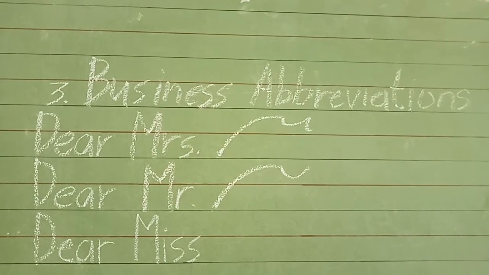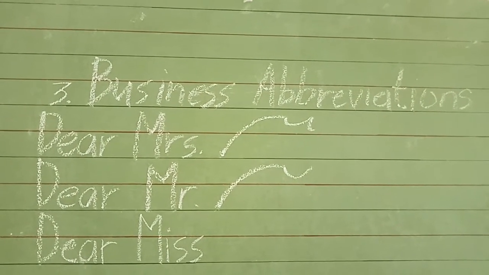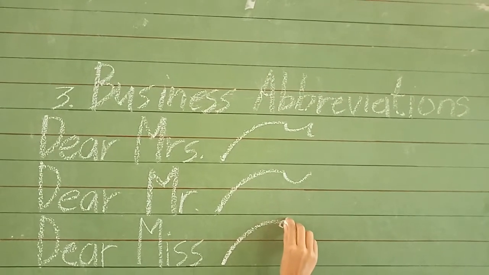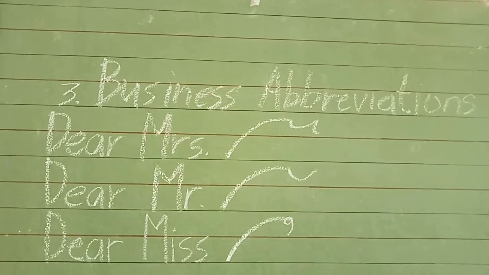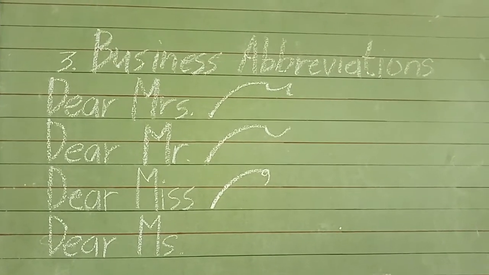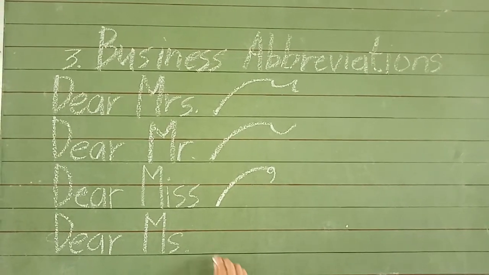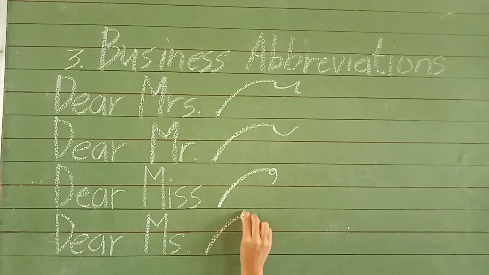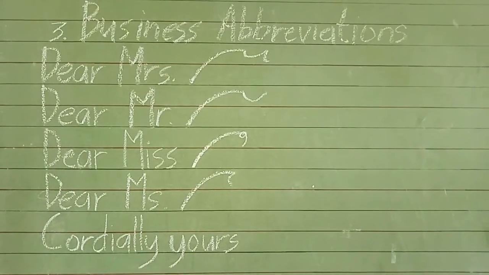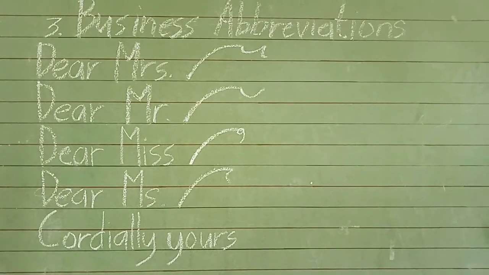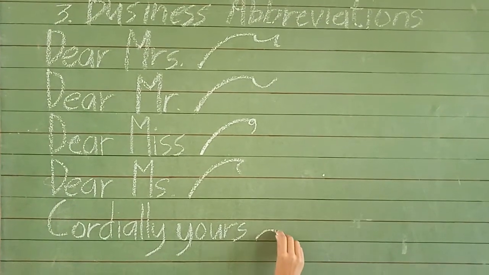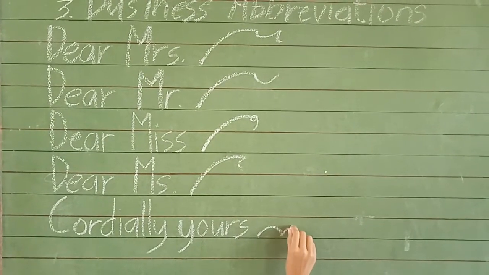Next, dear Miss is represented by DM, E, and right S. Next, dear Ms. is represented by DM and left S. Next, cordially yours is represented by K and OO.